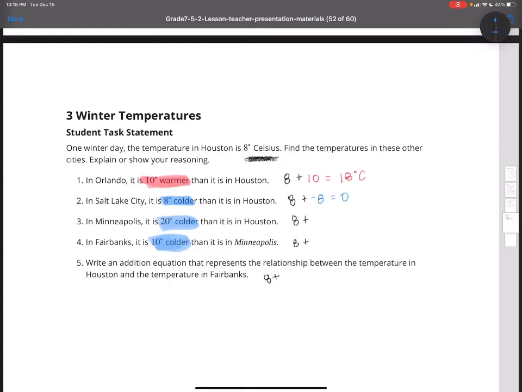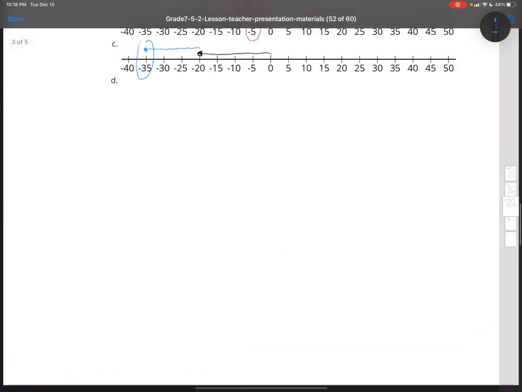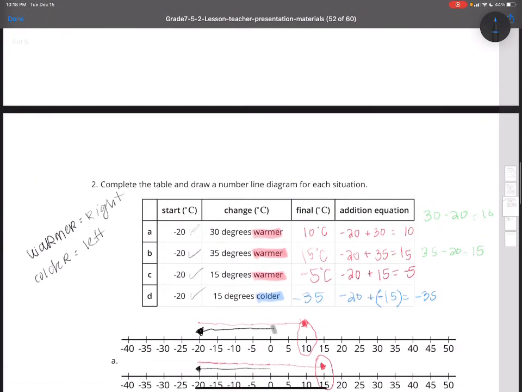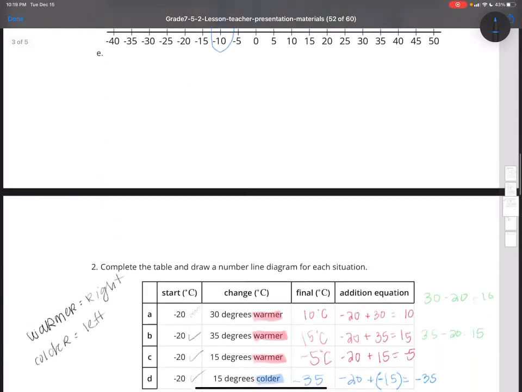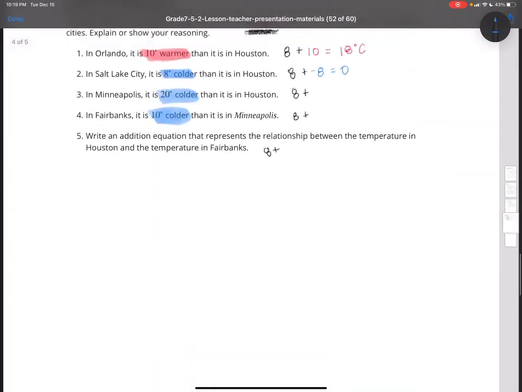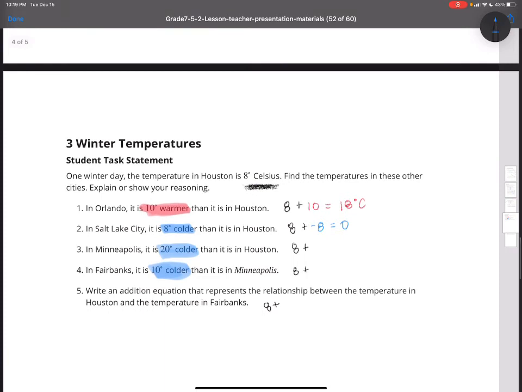Now, if I compare this to the earlier one, 40 plus negative 40 is equal to 0. Notice the length of those arrows. They're the same size, or the same length, and therefore they cancel each other out. Okay? So, 8 plus negative 8, and I want to put parentheses around that negative 8 so you guys don't get confused, but that cancels out and is 0.